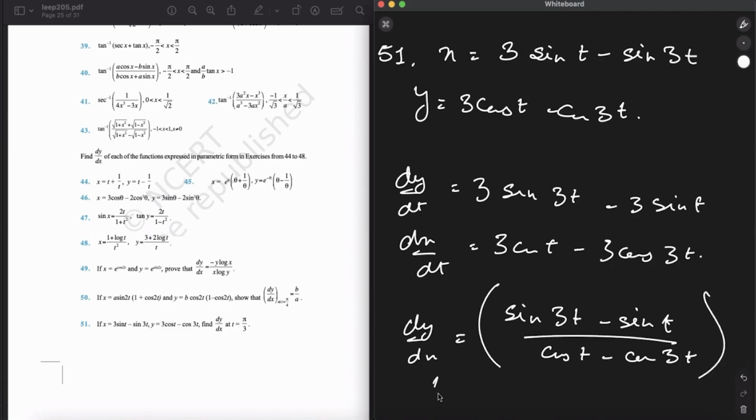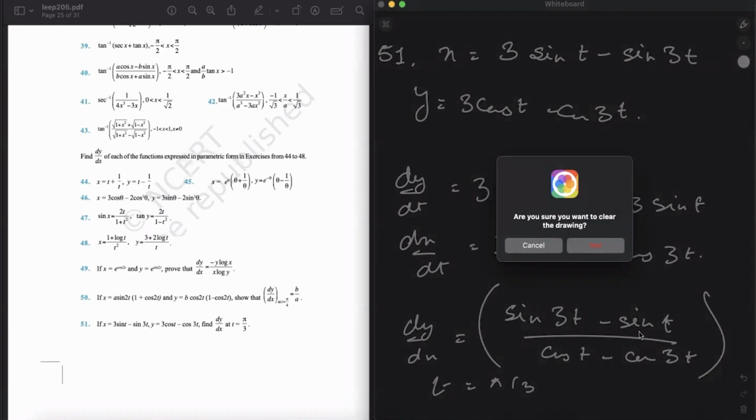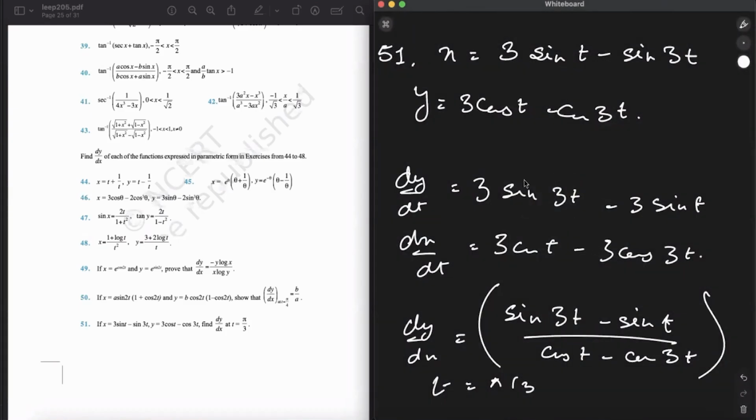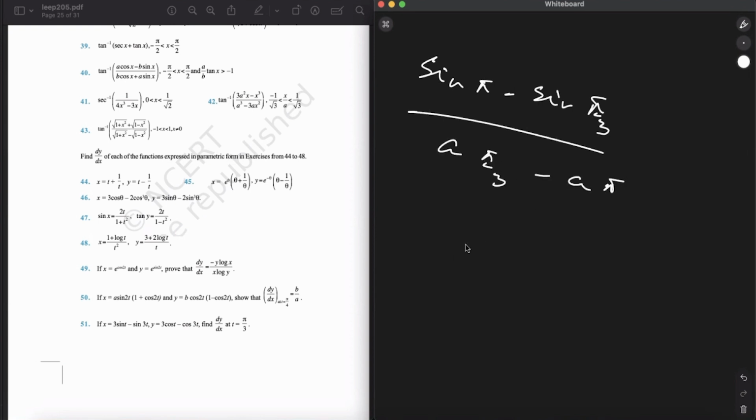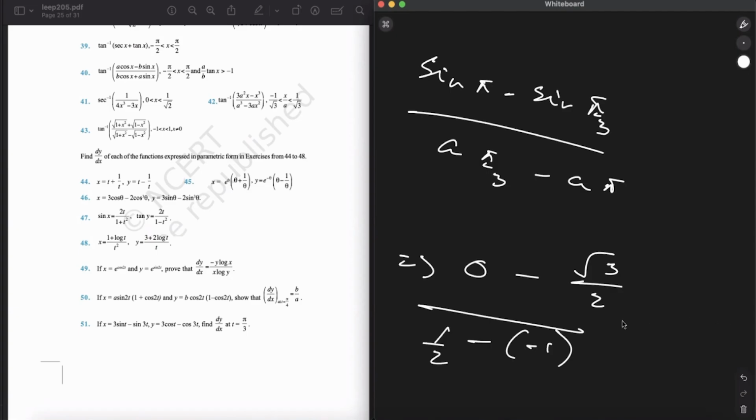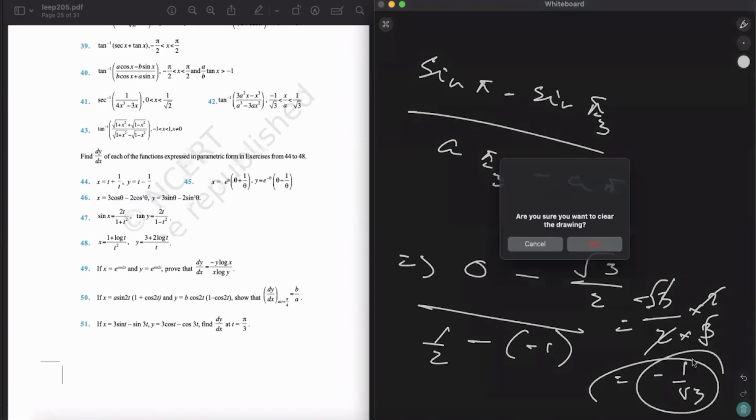Putting t equal to pi by 3, we get sine pi minus sine pi by 3 over cos pi by 3 minus cos pi. So we get 0 minus root 3 by 2 over 1 by 2 minus minus 1, which is minus root 3 by 2 over 3 by 2. So minus 1 upon root 3 is the answer.